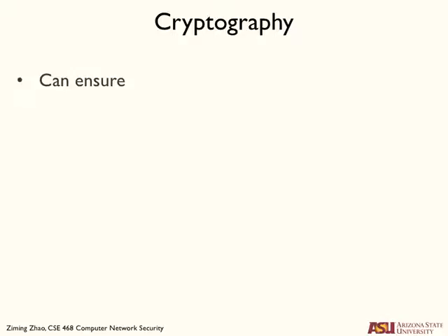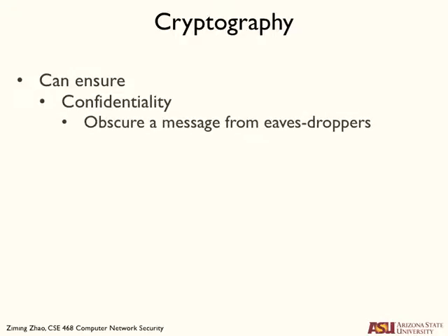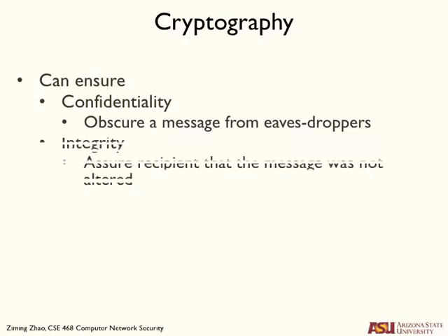So why are we using cryptography? Because cryptography can ensure confidentiality, which means we can encrypt the message and prevent it from being read by eavesdroppers. We can ensure integrity, making sure that the message the recipient receives was not tampered with or altered.